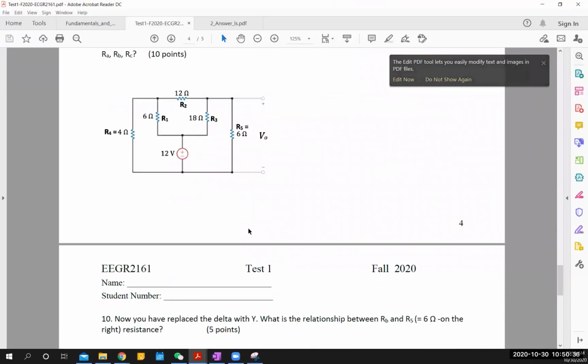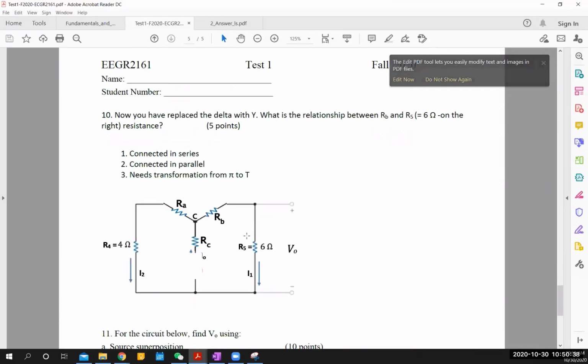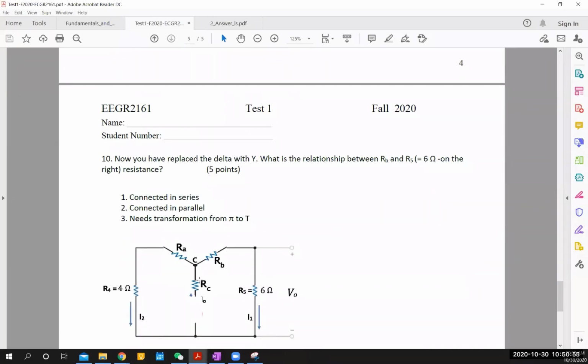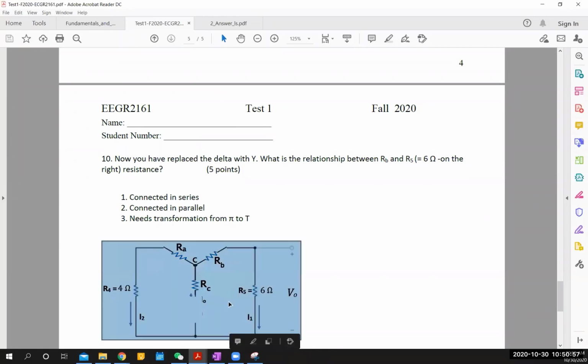Just put the values there and you will get it. Now you have replaced the delta with Y. That means this delta connection right here has been converted into Y right here.